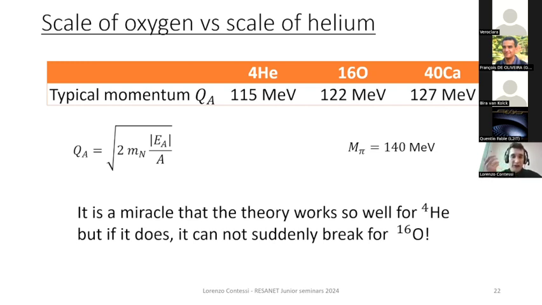Of course, if you increase the number of nucleons, for example, oxygen-16, the typical momentum inside oxygen-16 using this formula is larger than in helium-4, but it's not drastically larger. So the theory should perform worse, but you would not expect it to break suddenly. So this is one of the motivations why you would like to use this theory to go to larger systems.